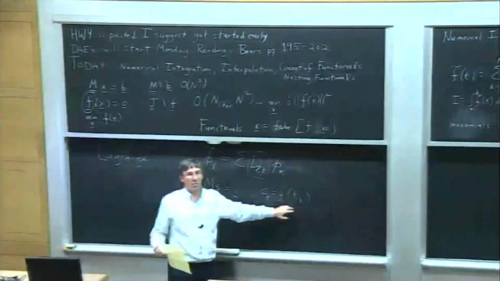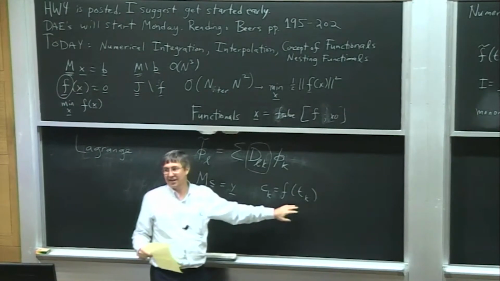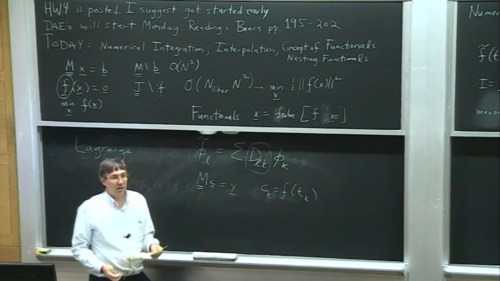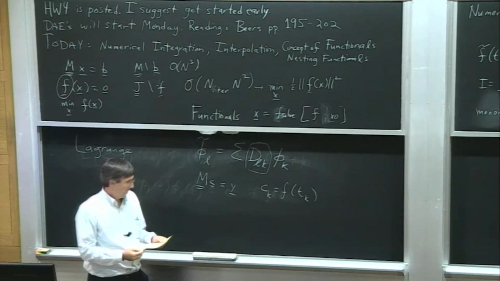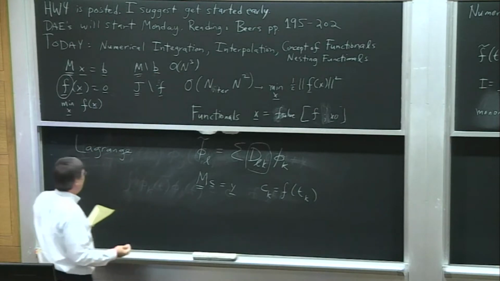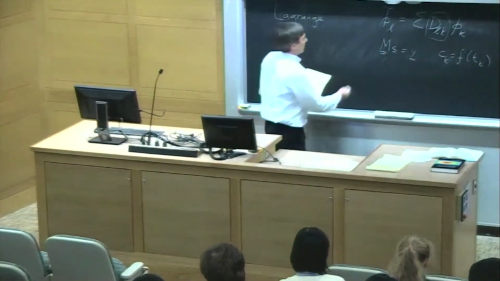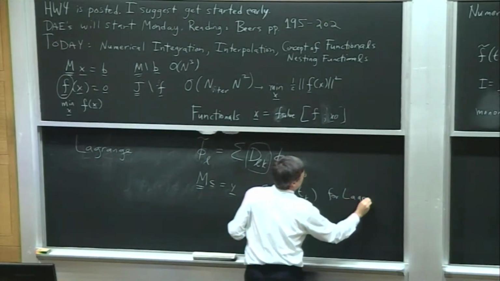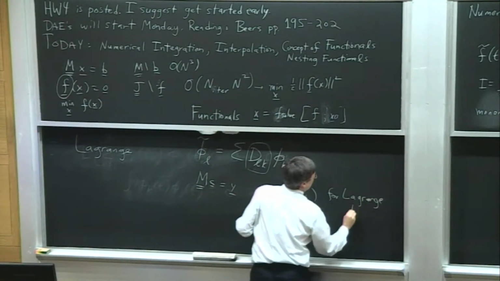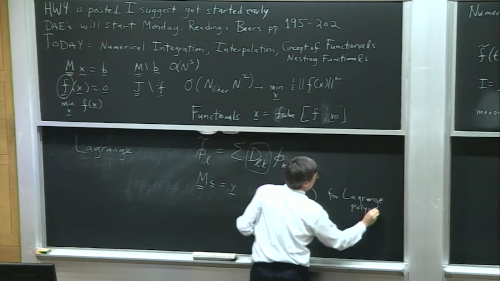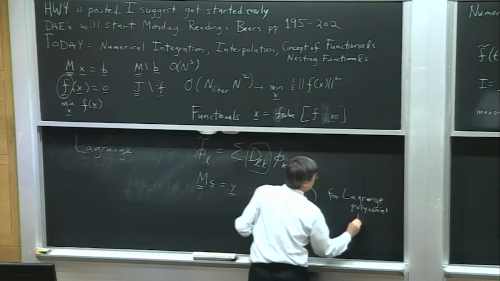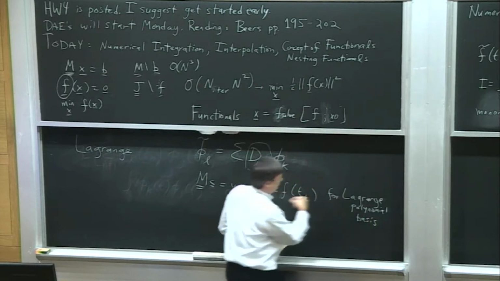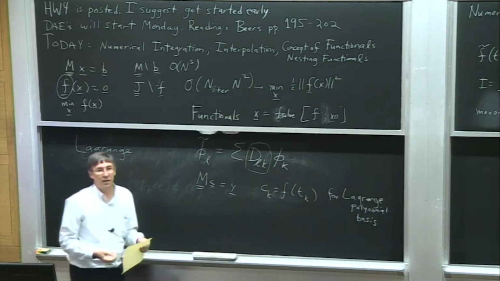No chance for condition numbers, no problems. It's it. So that's the Lagrange polynomials. Now Newton had a different idea. So this is for Lagrange polynomials. If you choose a Lagrange polynomial basis, then you do a square system, that's it.